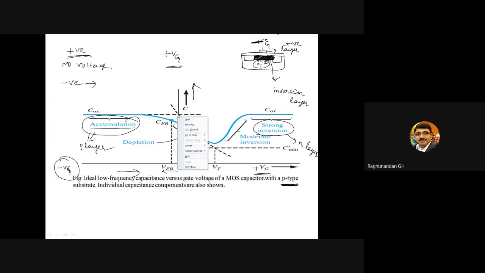The same capacitance is obtained when positive gate voltage is applied, but that is an inversion layer, that is an N layer. By creating an N layer, we create the capacitance. This graph will be telling you that an accumulation layer takes place, and an inversion layer takes place.